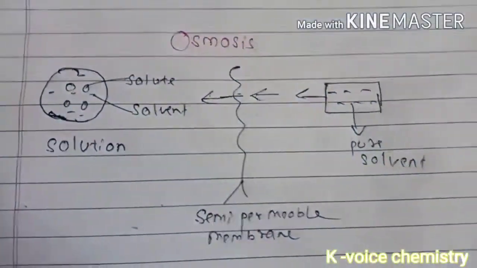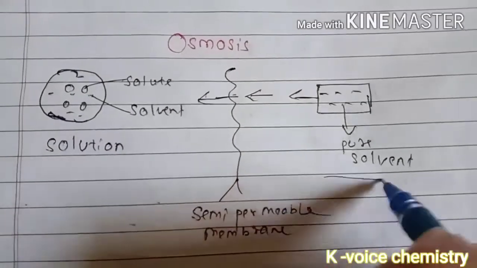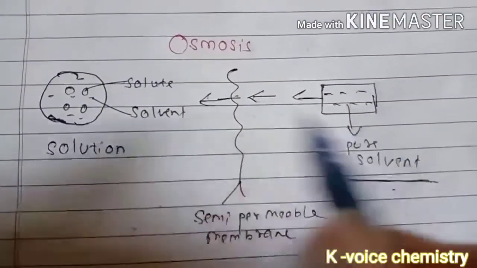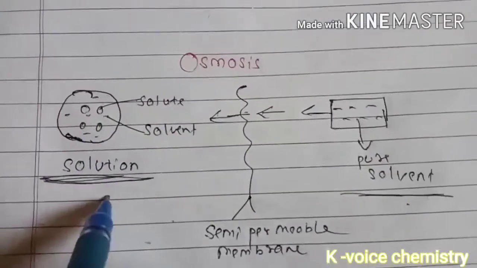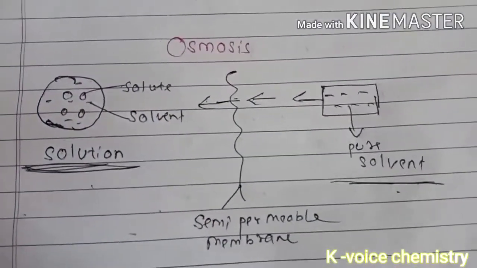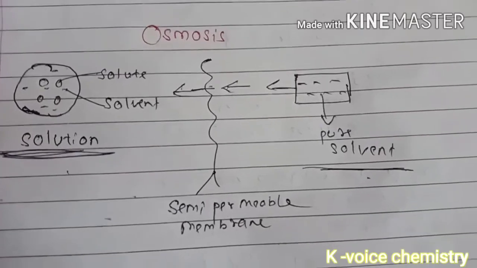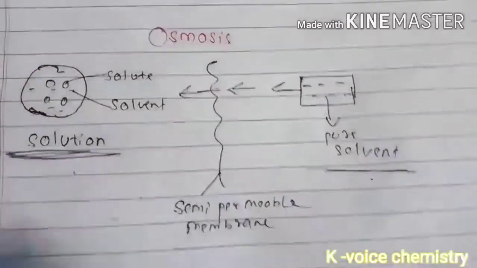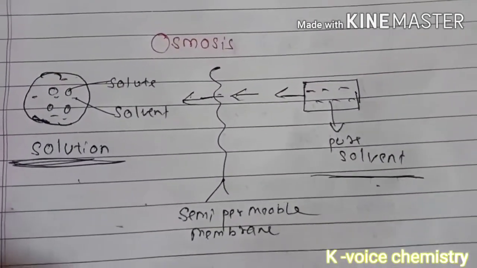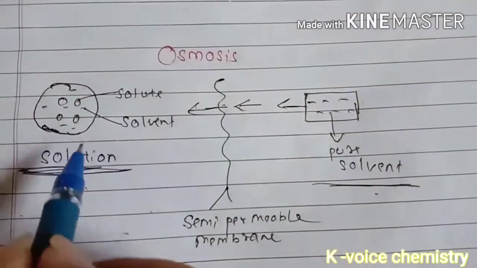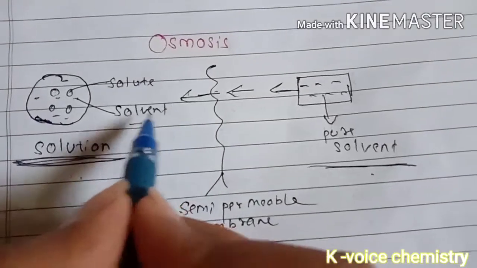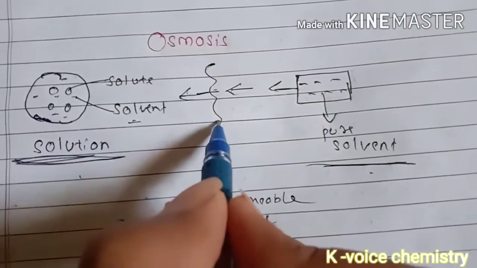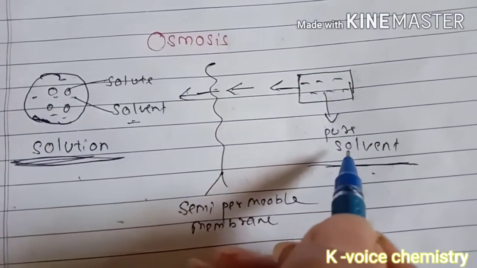As we know, the concentration of this pure solvent will be less as compared to the concentration of this solution, because this solution contains the solute molecule along with the solvent molecule. So one question may come to your mind: this solution also has the solvent, so why will this solvent not cross the semi-permeable membrane and enter this side?